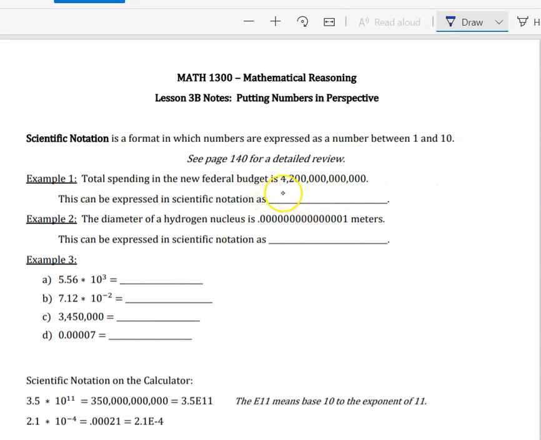So we know to do that, we need the number in the front to be between 1 and 10. So I have to move my decimal to make this number between 1 and 10. So we're going to have 4.2 times 10, and we moved our decimal places 3, 6, 9, 12 places, so 4.2 times 10 to the 12th power.